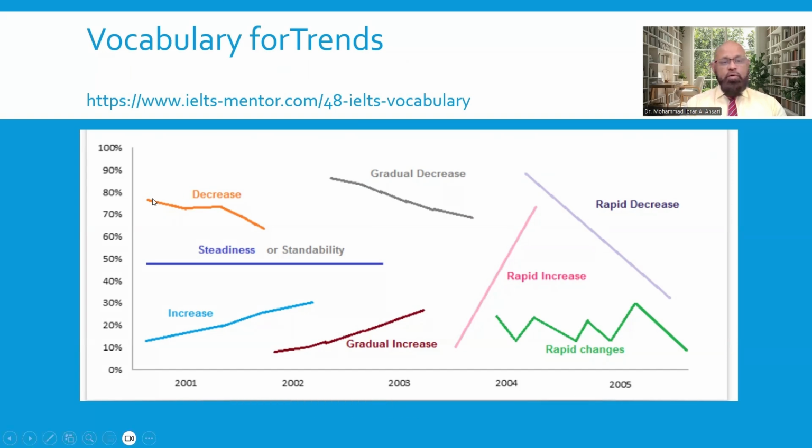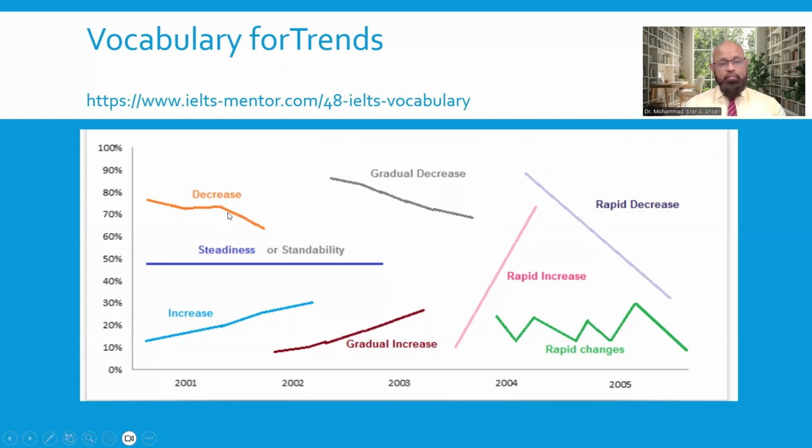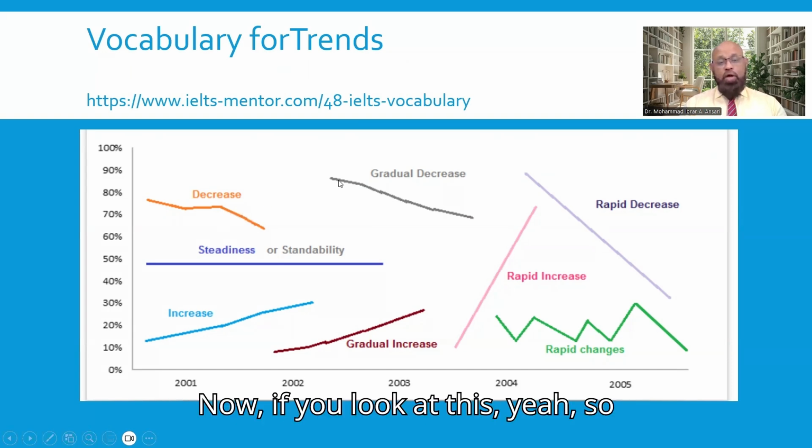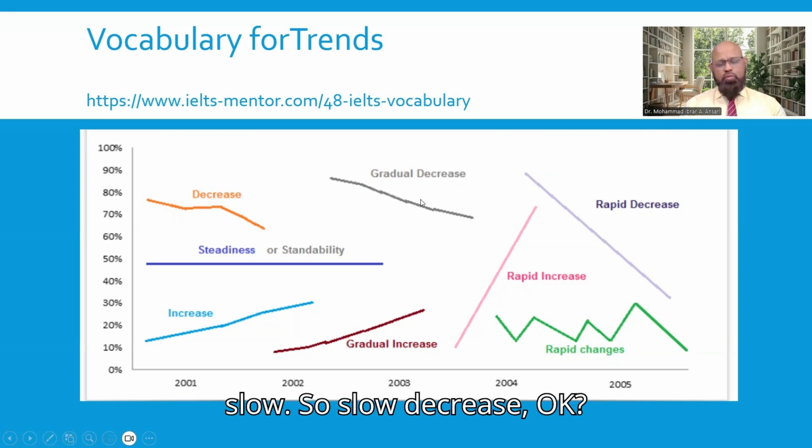If you look at this, it's coming down, so we say decrease. Now if you look at this, there is a downward trend, but it's slow, so slow decrease. It's going down slowly.